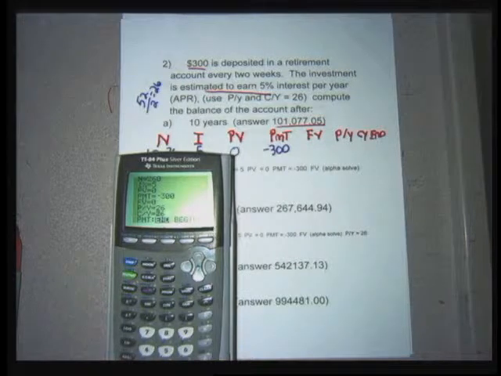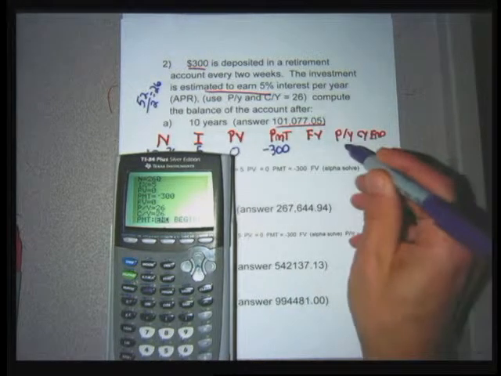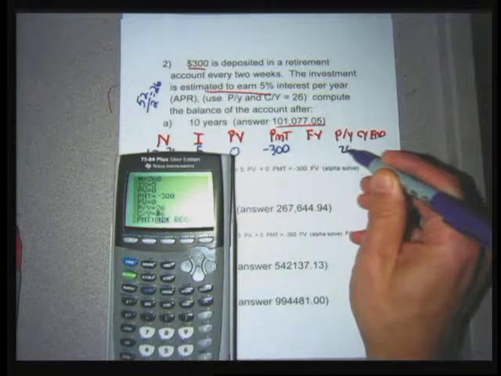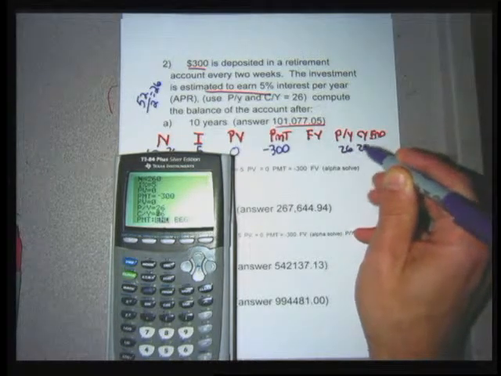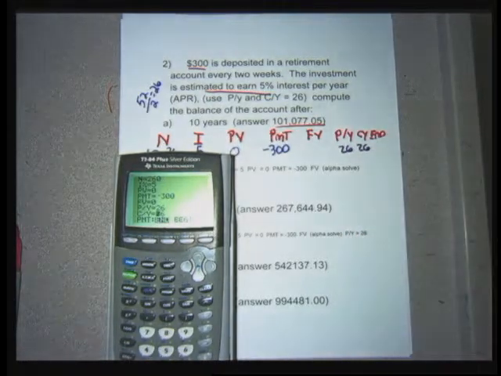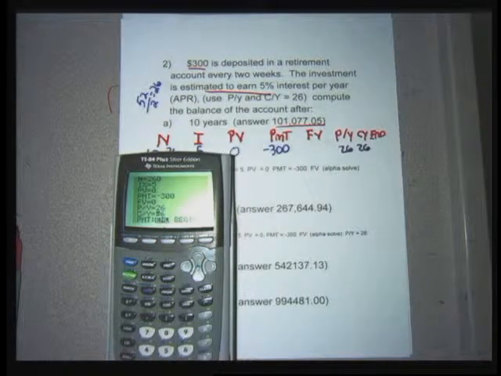Technically, there's some subtleties going on with something called APR, annual percentage rate, or effective interest rates, that make this computation, making the PY and the CY the same, maybe not the ultimate best thing to do. It kind of overestimates the future amount of money you're going to have by just a little bit.